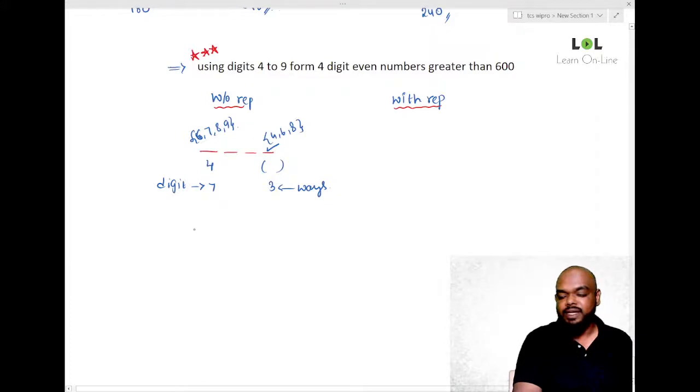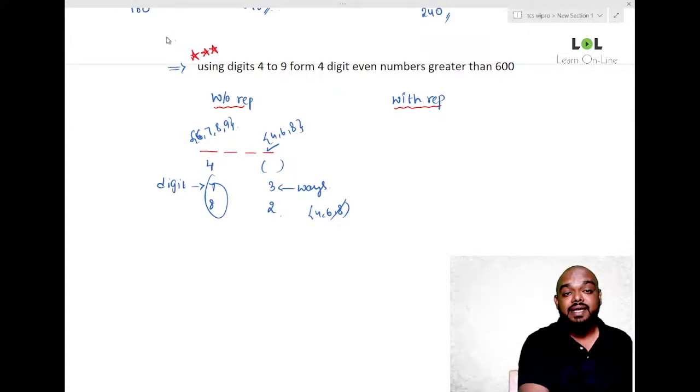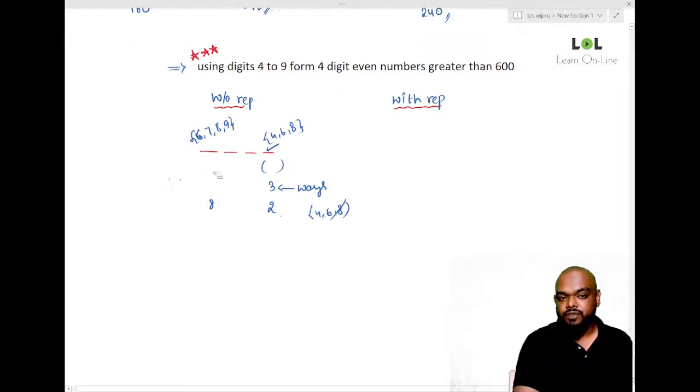Suppose I use a digit 8 here, I cannot use 8 anymore here. I can fill it in only 2 ways. But here we don't know which digit we will be using. So we cannot tell whether we get 3 ways or 2 ways in the units place. So once again, same problem. Are you understanding why I cannot start from either units place or tens place?